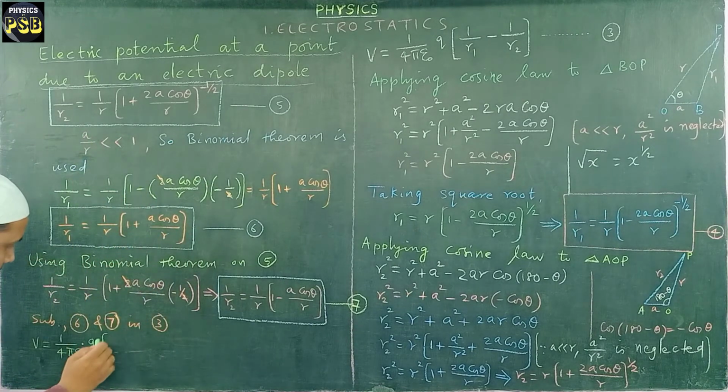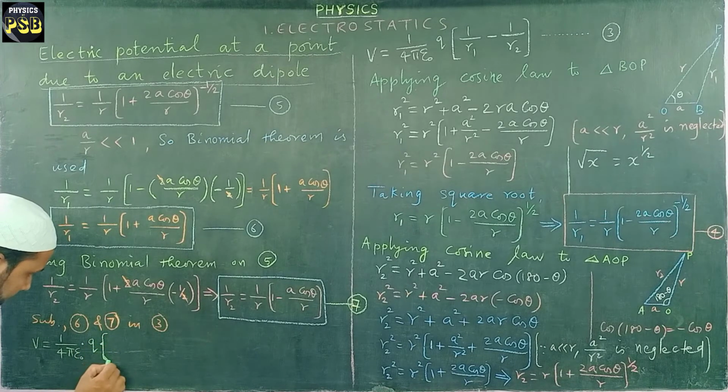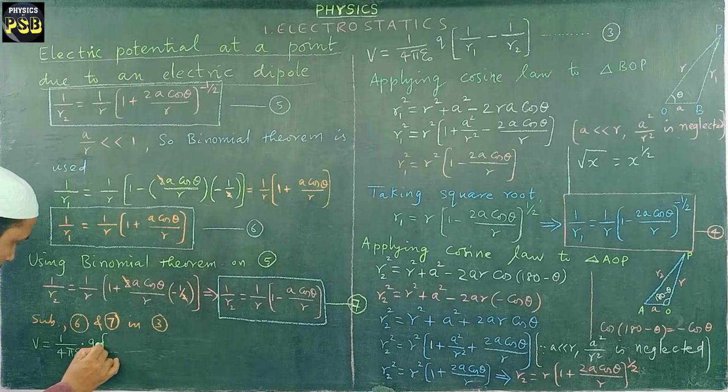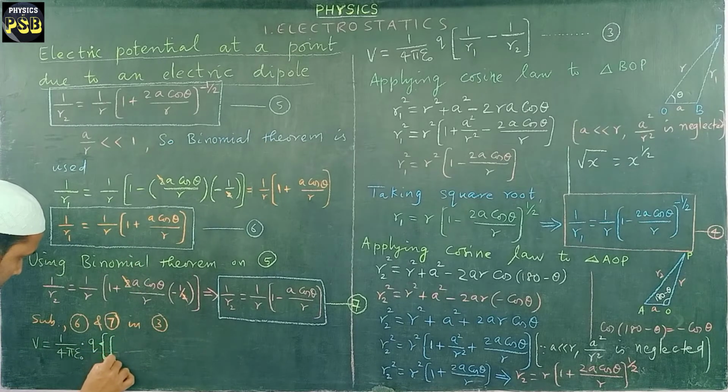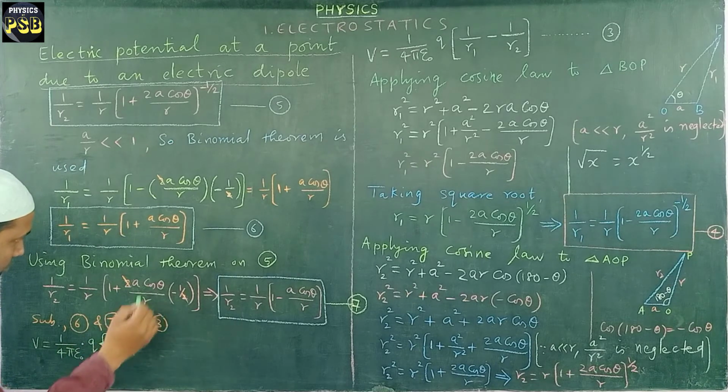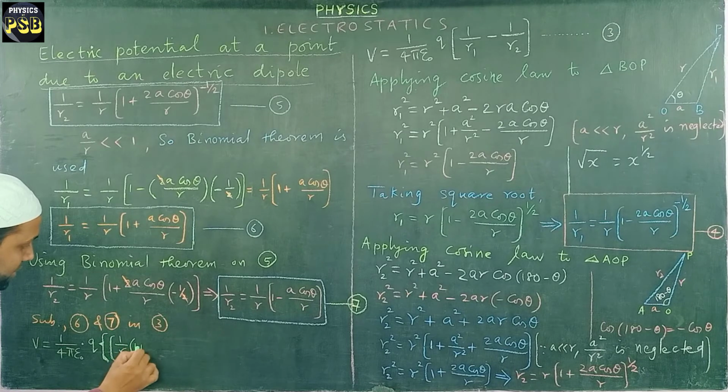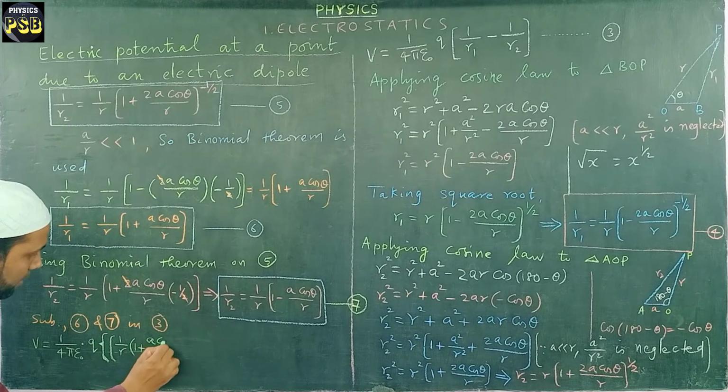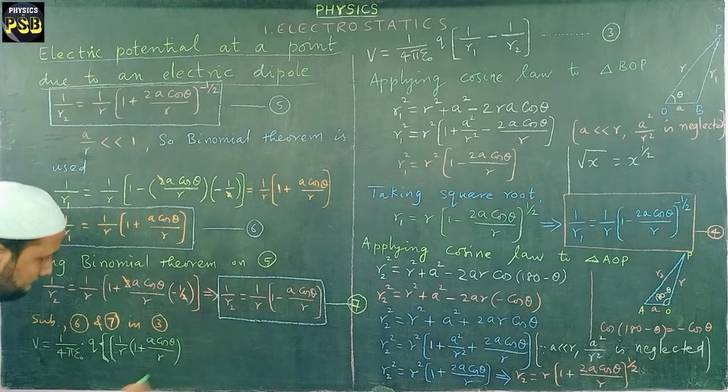It's nothing but this, flower bracket I will open, 1 upon R into 1 plus a cos theta divided by R.